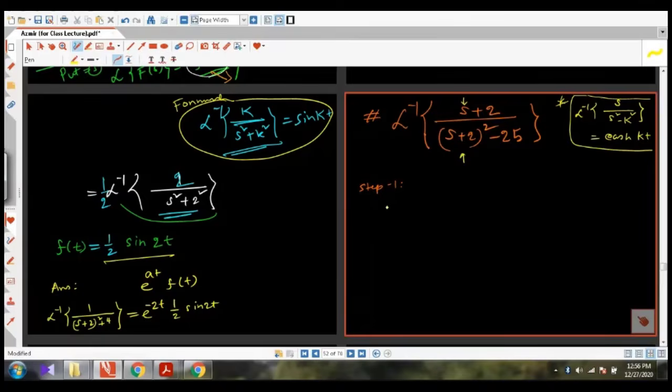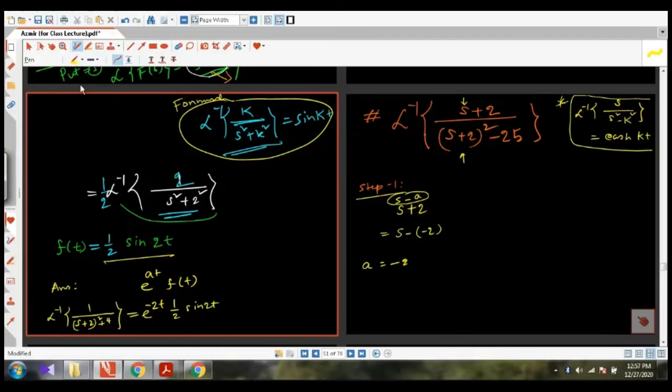Let's write s plus 2. If we compare with s minus a, then we can say it will be s minus of minus 2. We are maintaining the negative sign. So what is the value of a? a is minus 2. So this is okay, done.